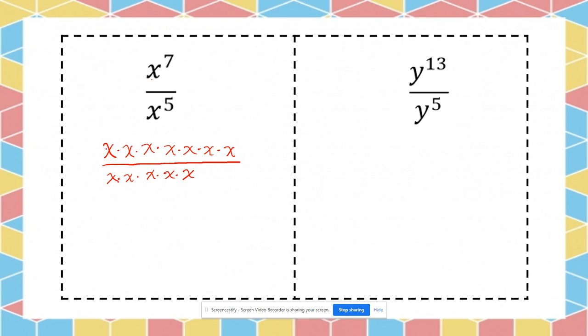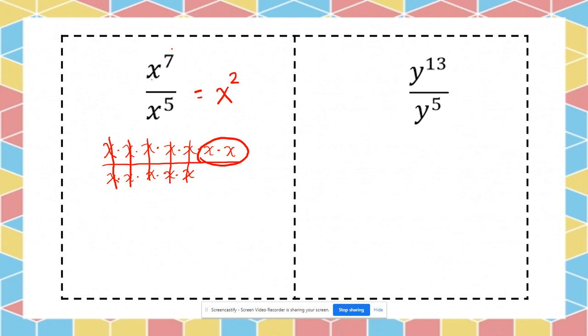What happens is that every pair of x's will cancel each other out. And so I'm canceling out 5 of those pairs, and what I'm left with are 2. So that means I'm left with x to the 2nd power.